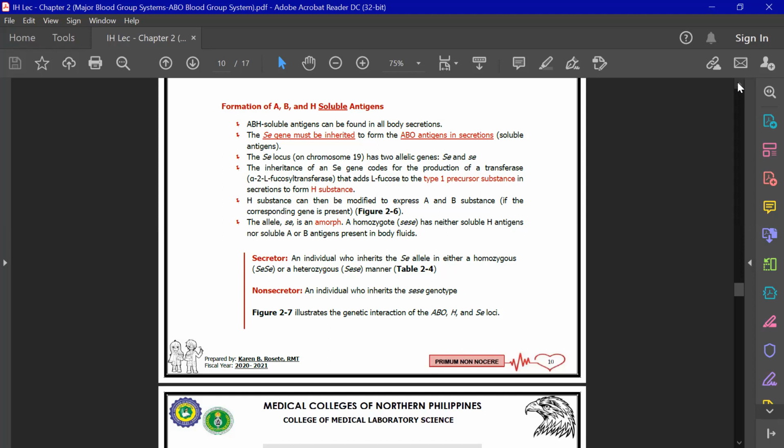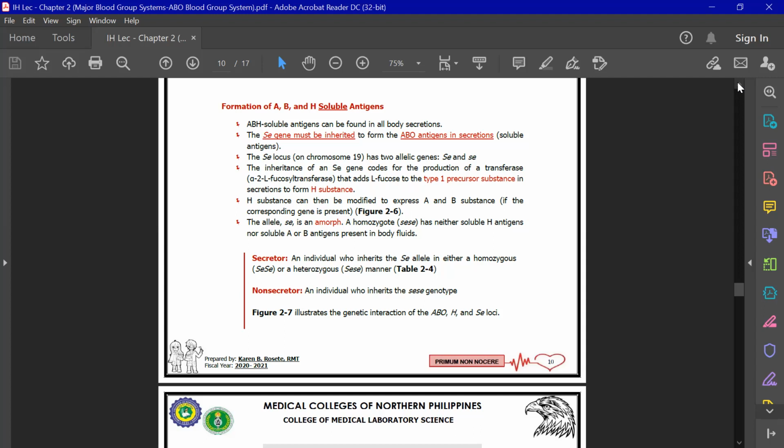Okay, so the SE locus, class, it has two gene variations. It has two alleles. We have your big letter SE and your small letter se. Okay, so malalaman natin kung anong difference ng itong big letter SE natin and your small letter se. So the inheritance of your SE gene codes now for the production of your alpha-2 L-fucosyl transferase that will add now L-fucose to the type 1 paragloboside.